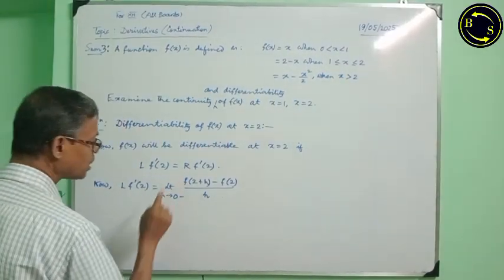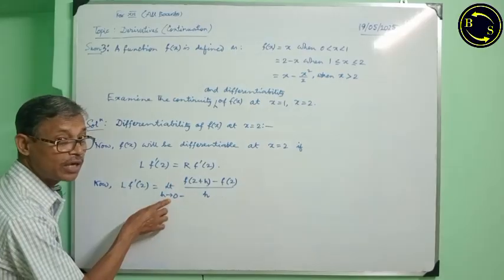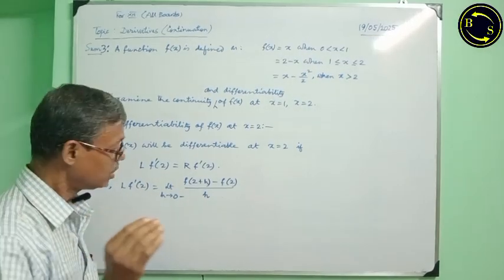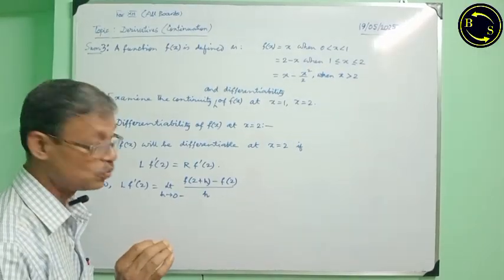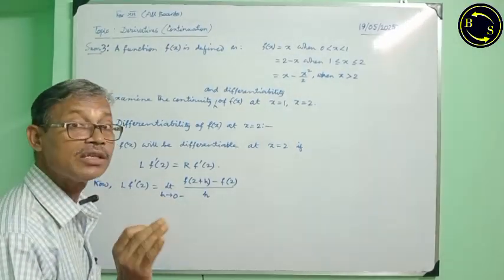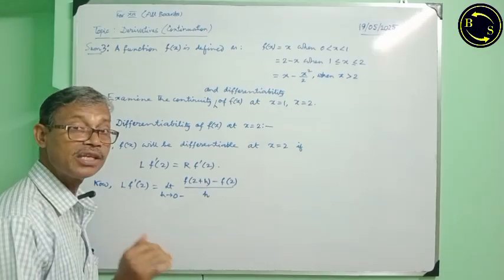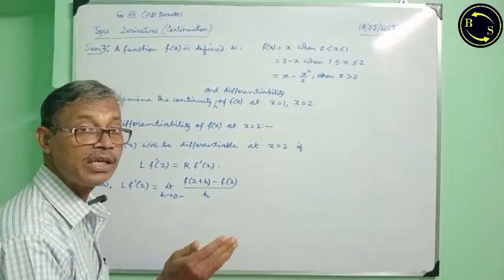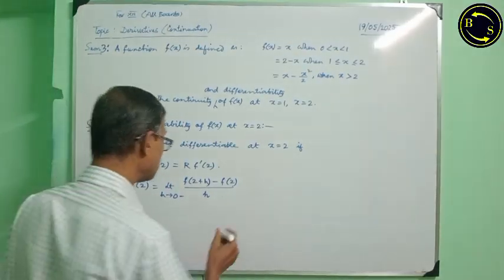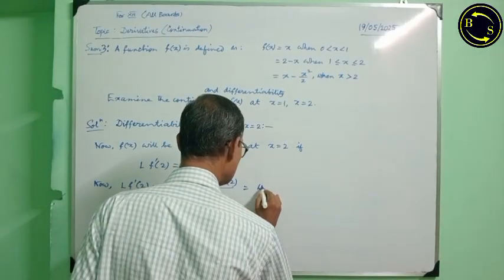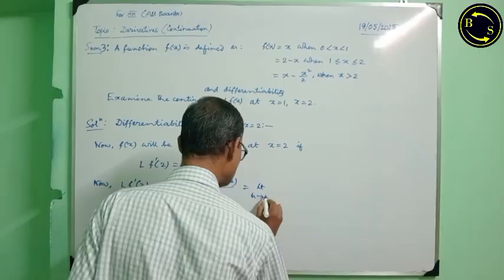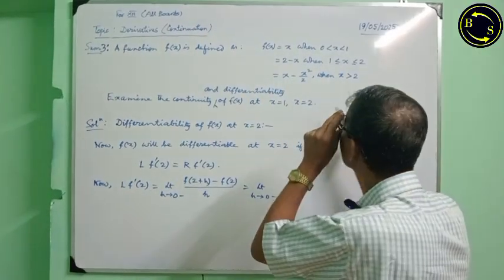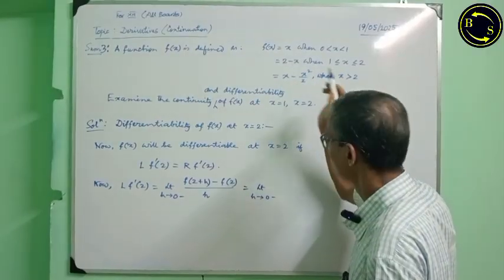Now for f(2 plus h) with h tends to 0 minus, that means we are adding a number just less than 0, that means negative. That means 2 plus h is finally less than 2. For that, the less than 2 case, we have to consider this one.